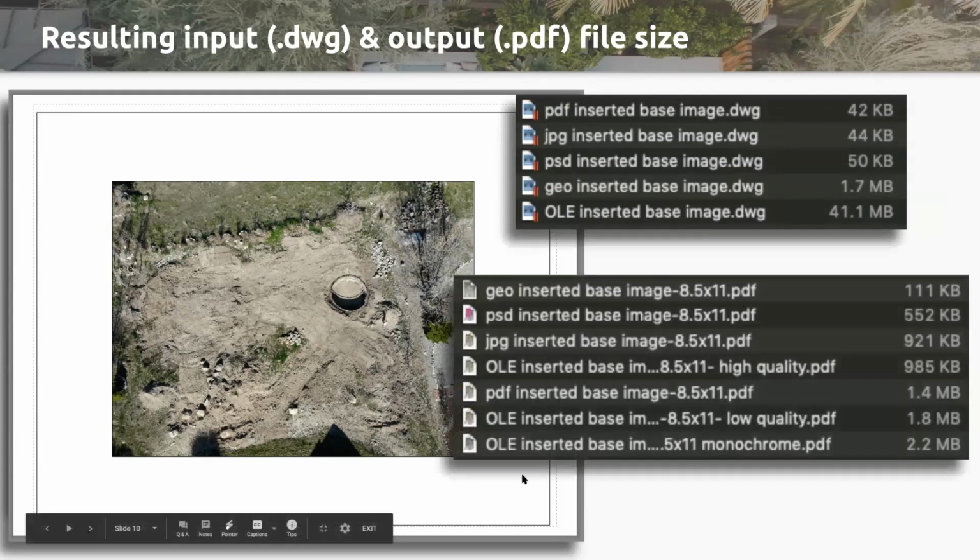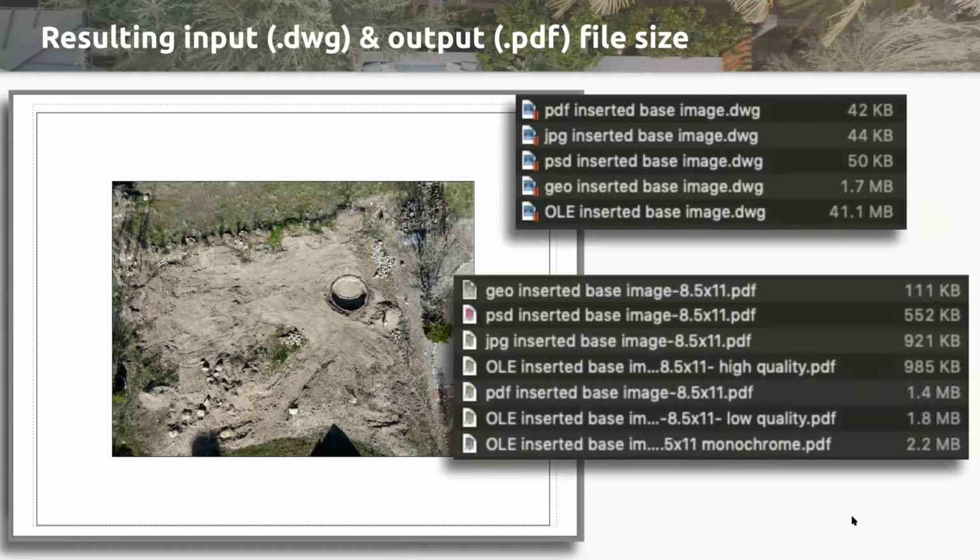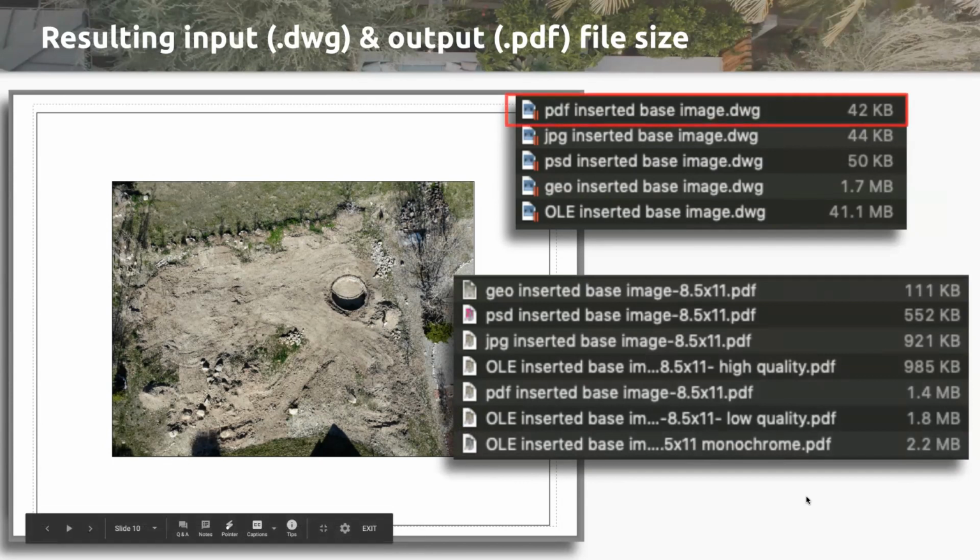Every one of these has the exact layout, but you can see their resulting PDF size also differs. And what was really interesting is seeing that the smallest size of DWG was the PDF inserted, but it was one of the larger exported output file sizes.